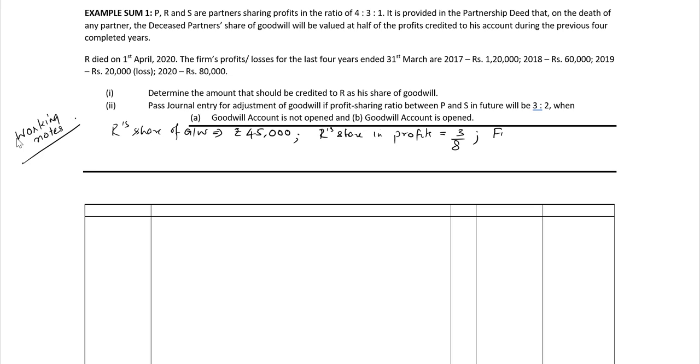Therefore, the firm's goodwill will be equal to R's share of goodwill, which is 45,000 rupees, multiplied by the reciprocal of R's share in profit, which is 8 divided by 3.